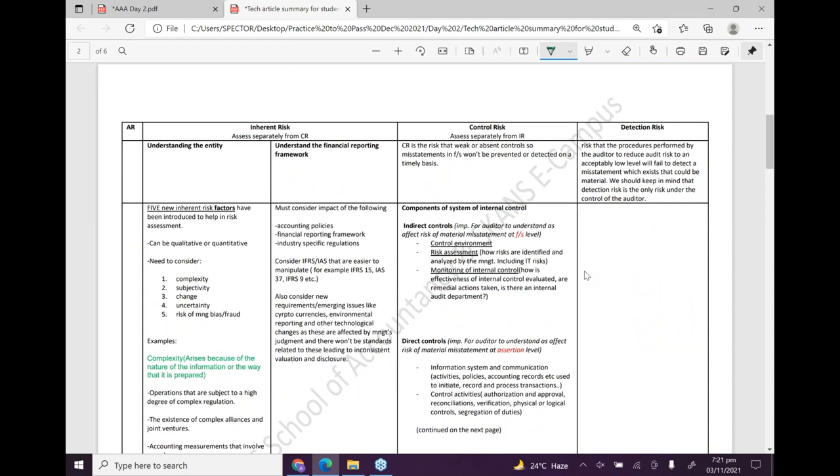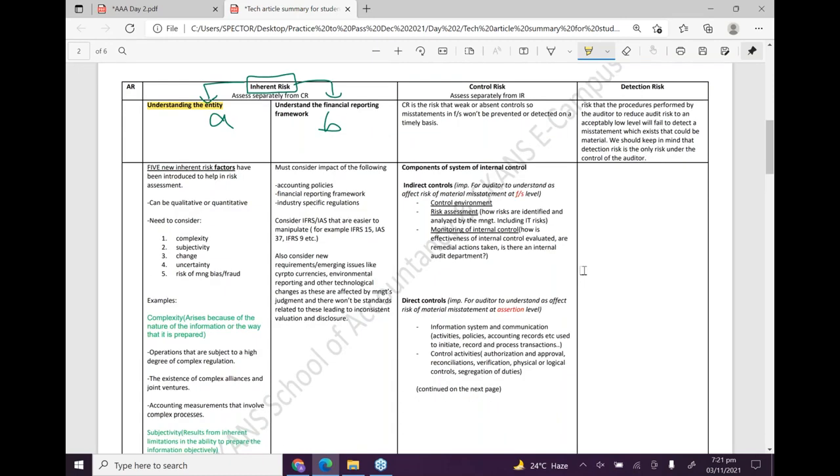In order to evaluate inherent risk as an auditor, I have to gain an understanding about the entity and the financial reporting framework. So as auditors, I can make a list of inherent risks through A and B on the screen right now. While I'm understanding the entity, the new terms are important.